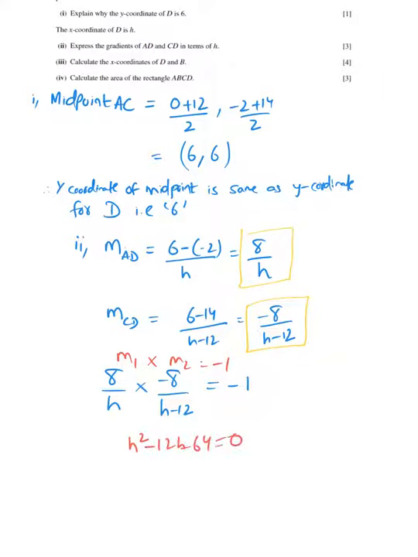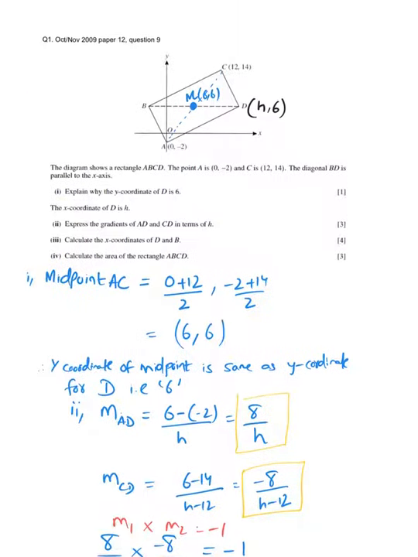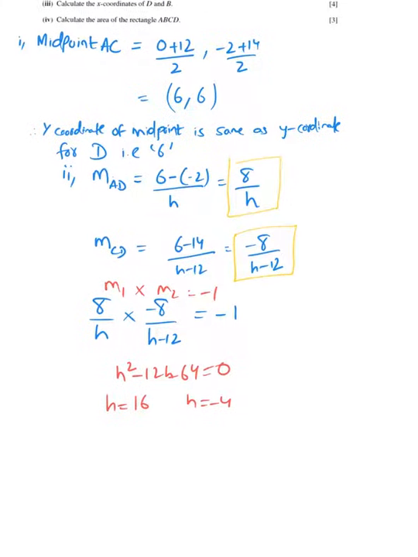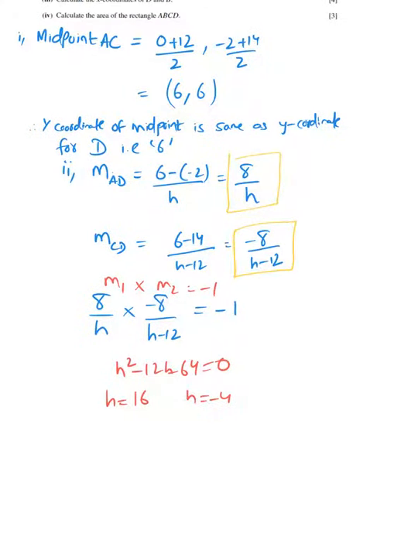Referring to the diagram, the positive h value is for coordinate D, and the negative value is for B because B lies on the negative part of the x-axis. Therefore, the x coordinate of D is 16 and the x coordinate of B is -4.